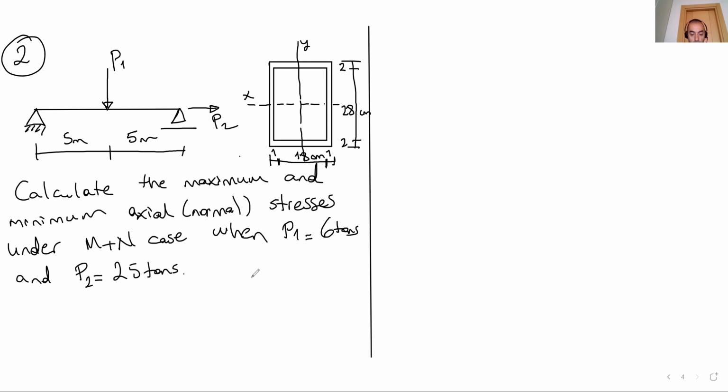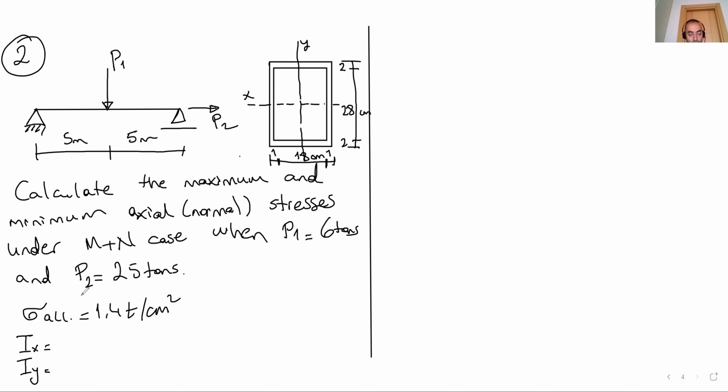Also in this question, the allowable stress is given here. In this question, Ix and Iy are given. But please try to calculate this moment of inertia by yourself.